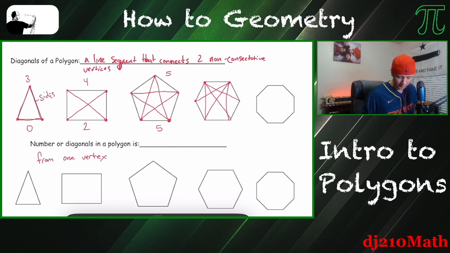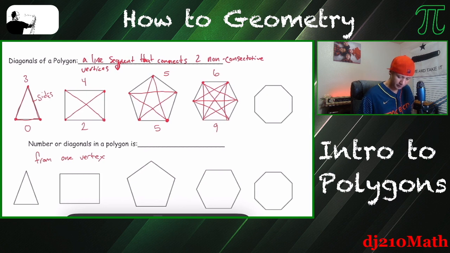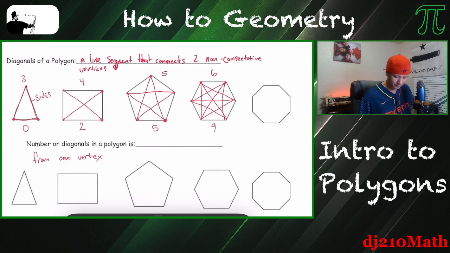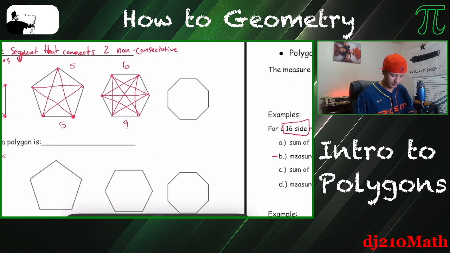This would be 7, 8, 9. So a 6-sided shape has 9. And you can tell because each vertex has three. Three, three, three, three, three. Okay. All right, the next one gets very interesting.